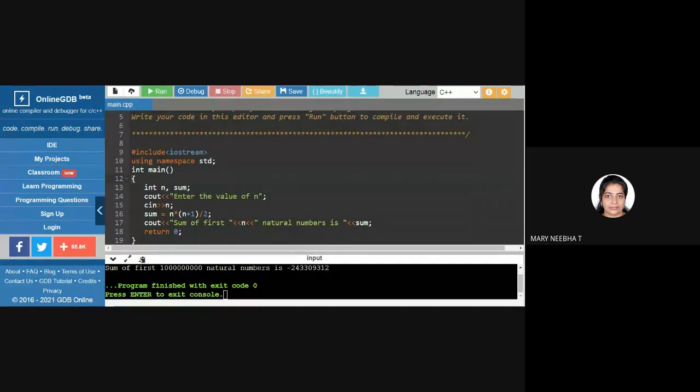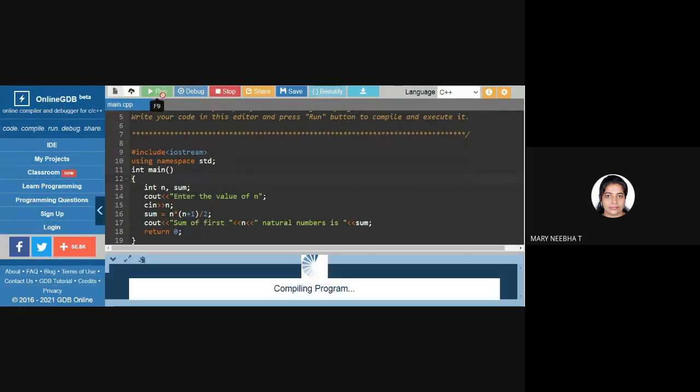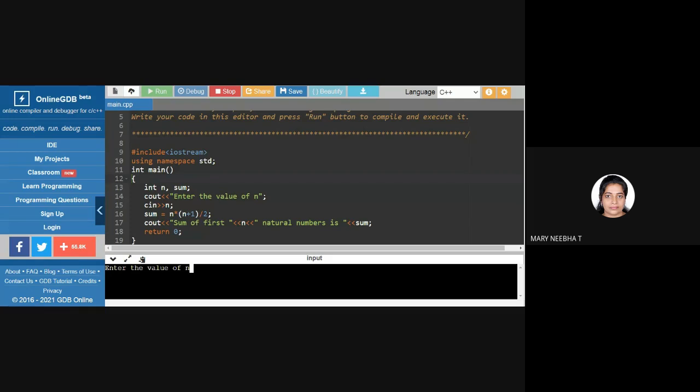In the first logic, if your number is 50, you want to find the sum of 50 natural numbers, it's taking 52 microseconds or units. Here it is taking constant time. If we enter some 10 digits and check, 1, 2, 3, 4, immediately you got the answer.